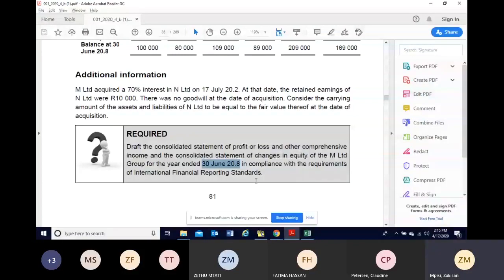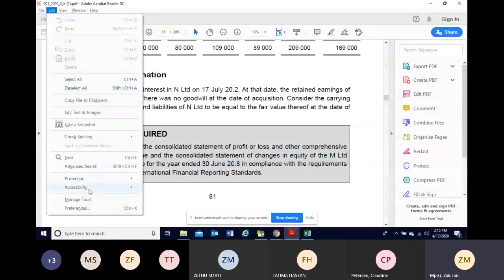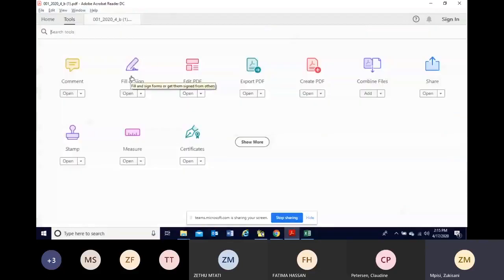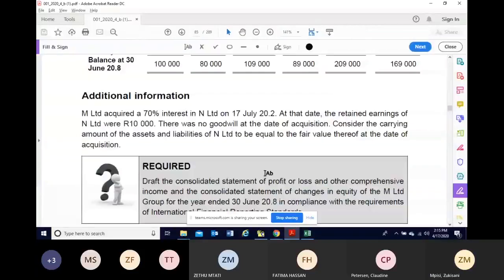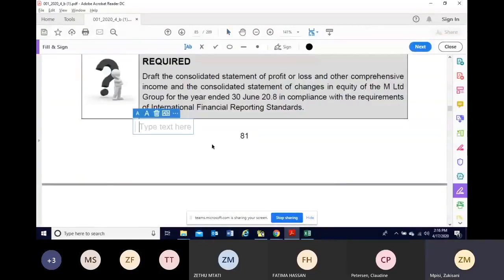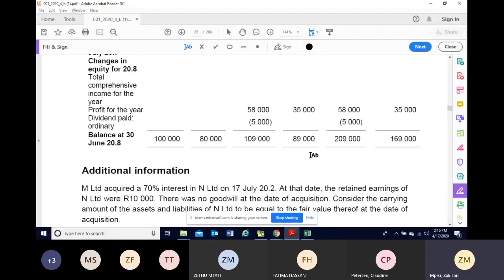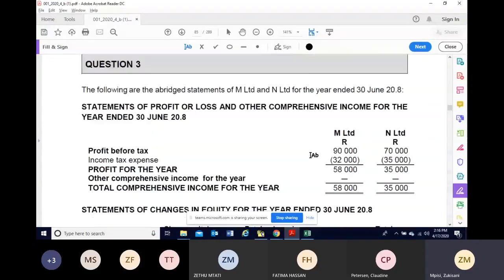One of the things that they do not mention here, which is very important, that you should always know, and I'm just going to insert that quickly: show all your calculations. Very important thing, never forget in accounting, to always show all your calculations. Very important to not miss it. Show all your calculations.